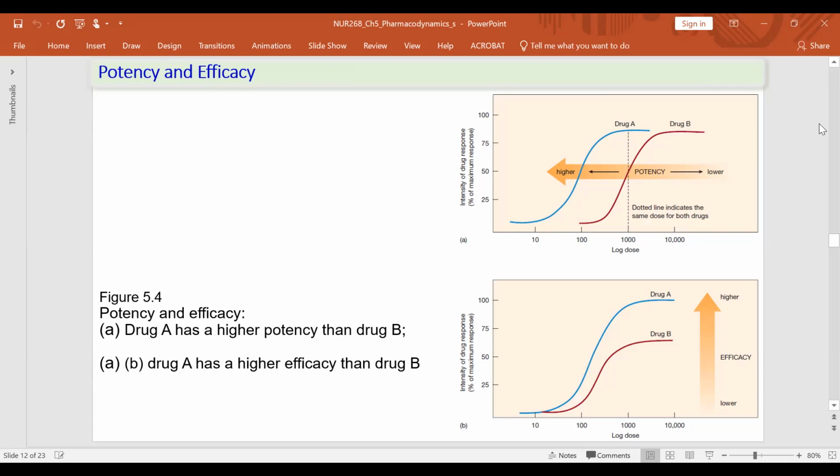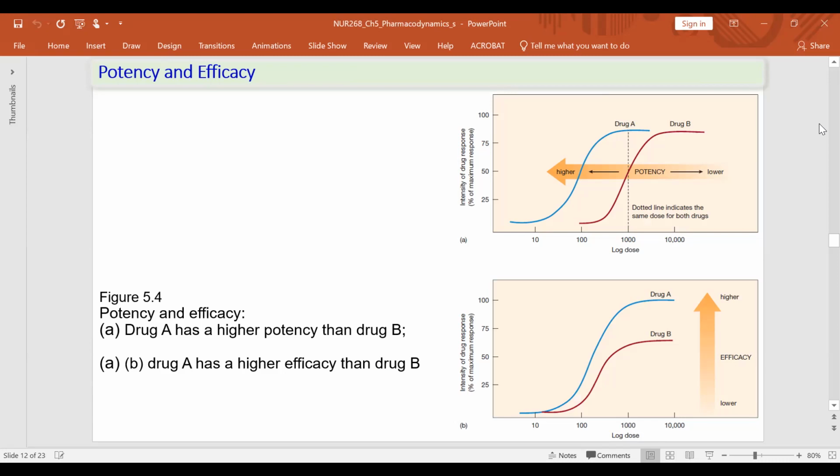These are two important properties of the drug when we go over drug response curves. There are two concepts that describe the drug's activity.